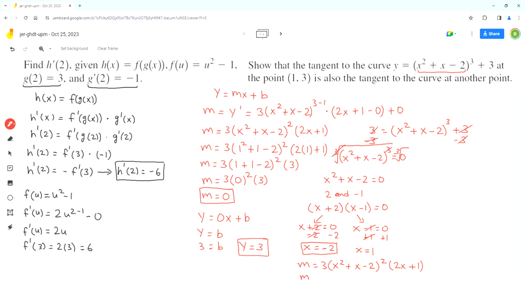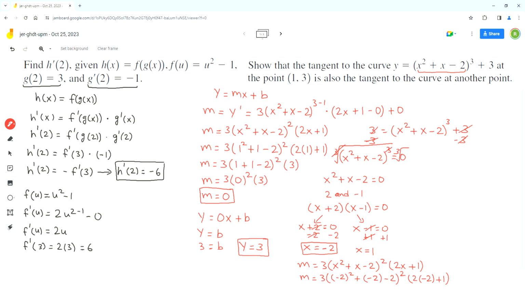So we get m equals 3 times ((-2) squared plus (-2) minus 2) squared times (2 times (-2) plus 1). Now we have to simplify this expression.